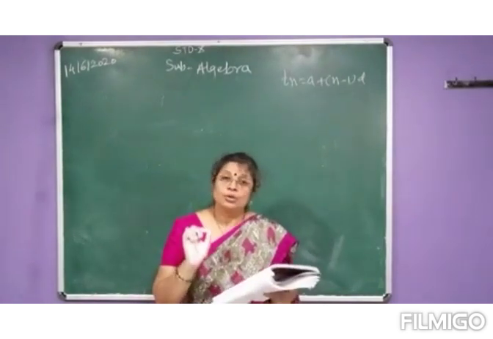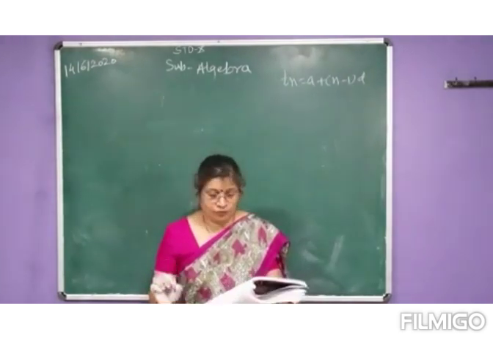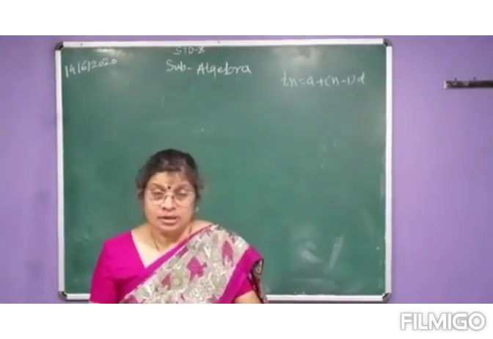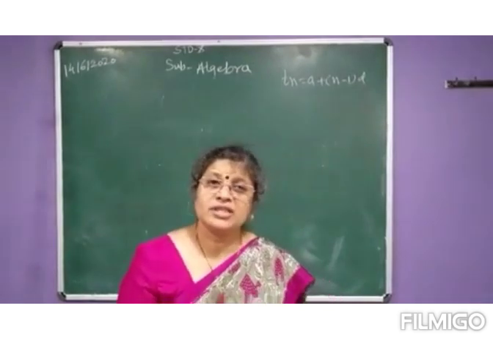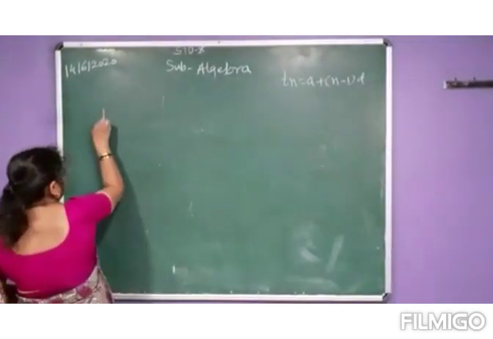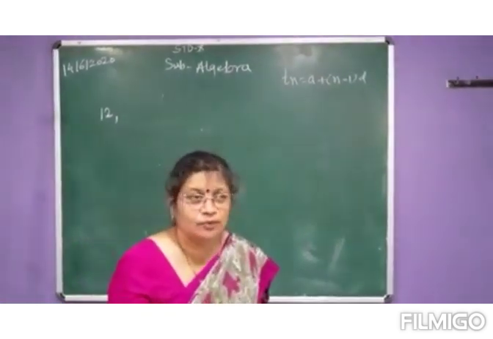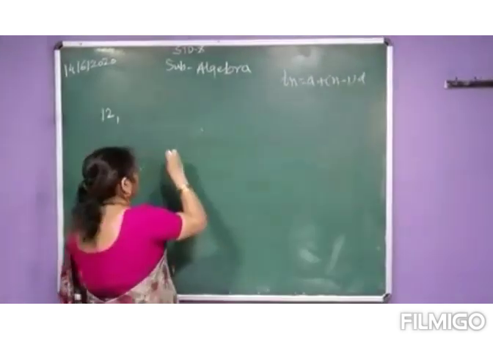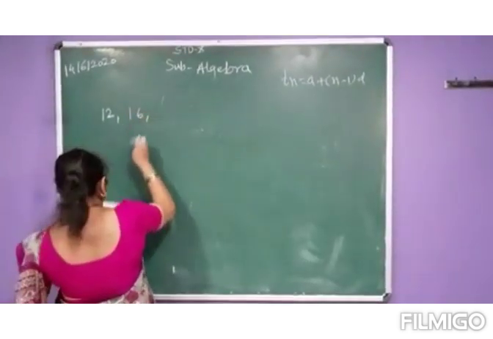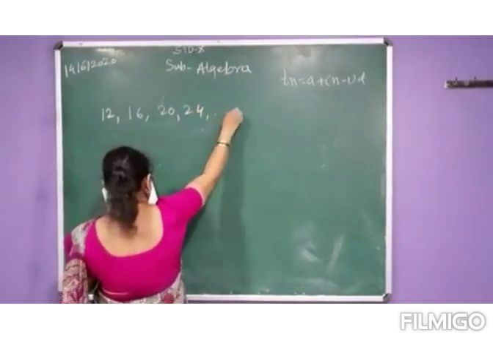Now, two-digit number. What is the first number which is divisible by 4? It is 12, because 10 is not divisible by 4. 12 is the first number: 12, 16, then 20, 24, like that.